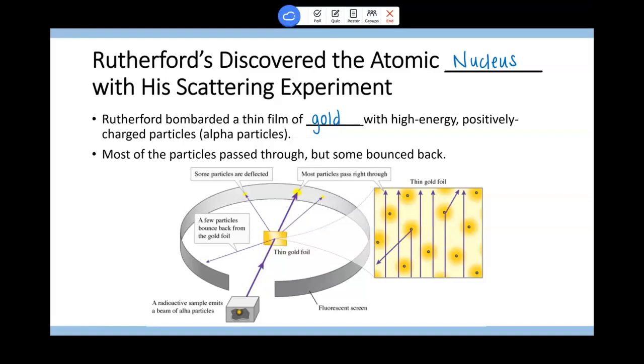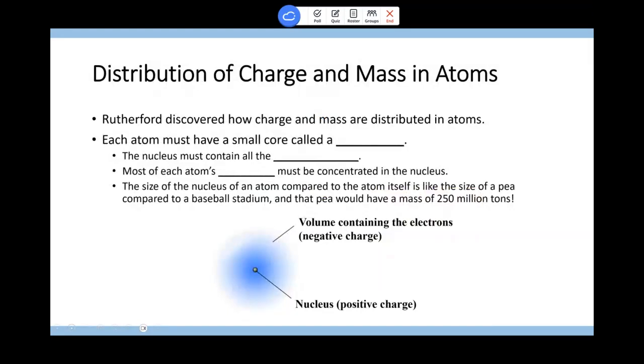The foil is subjected to those positively charged particles, and he had these sensors around and saw that some particles passed through directly, some were deflected to the side, and some completely bounced back. So from this experiment, he concluded the distribution of charge and mass in atoms.